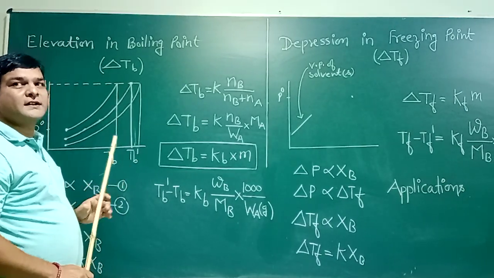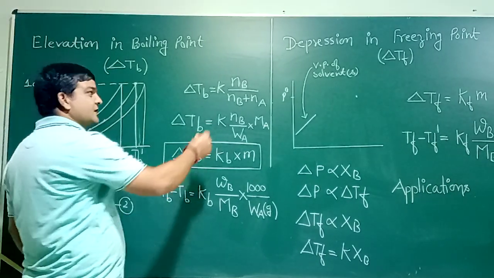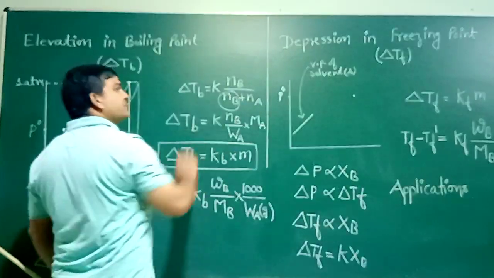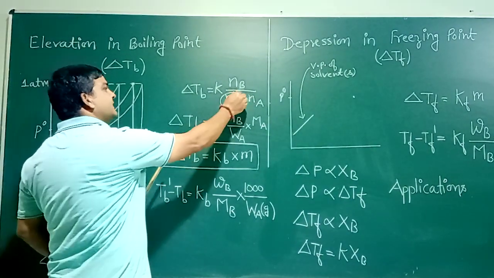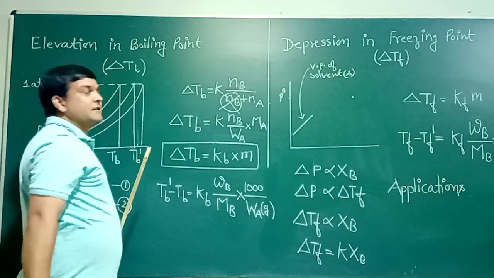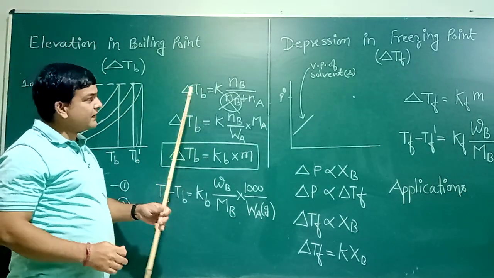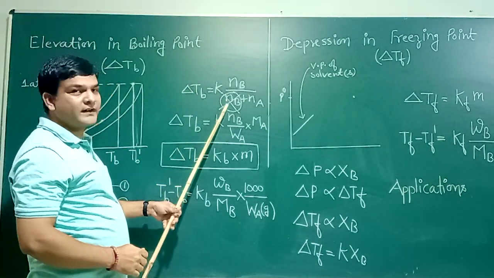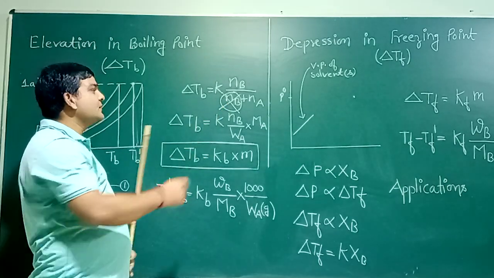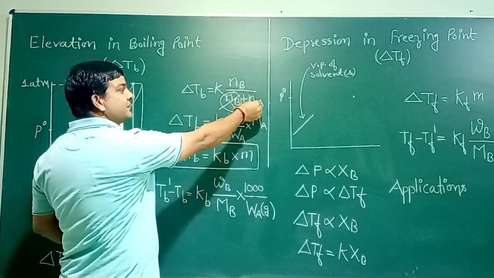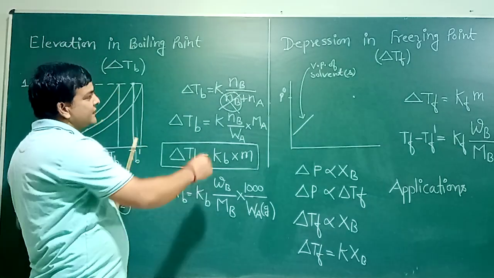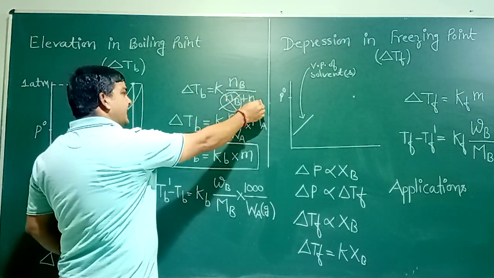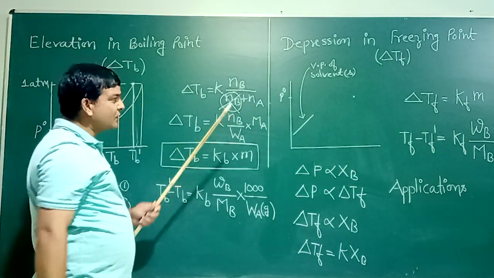We all know that moles of solute is negligible as compared to moles of solvent, so here you can neglect this quantity. And na is moles of solvent.